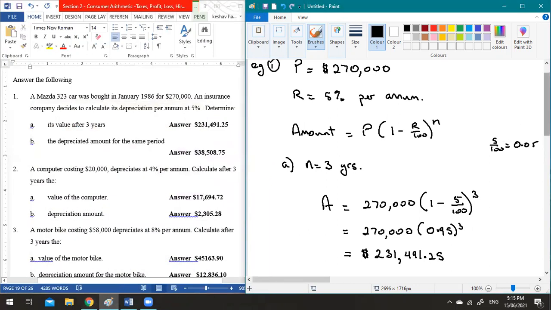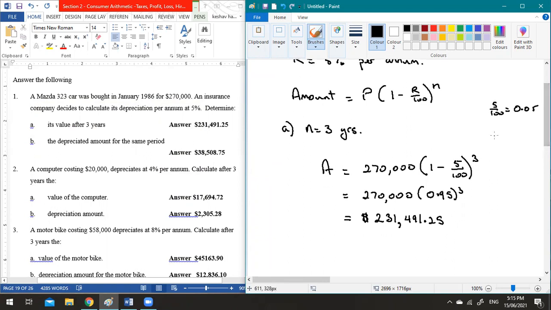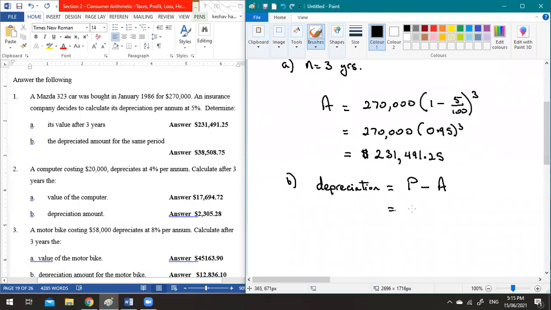Now, part B, the depreciated amount. So how much money we lost based on the value of the car now, right? So the depreciation amount is the principal amount minus the amount that it is worth, right? So 270,000 minus $231,491.25.